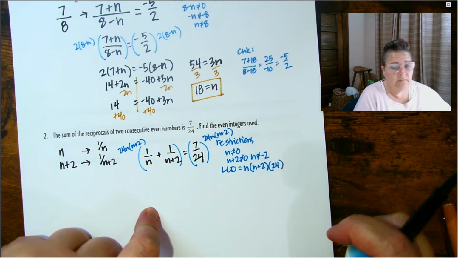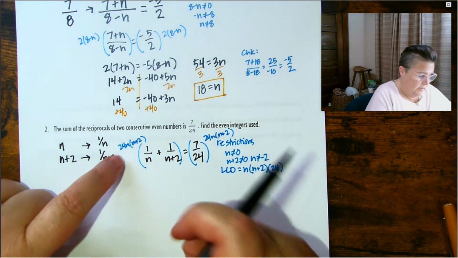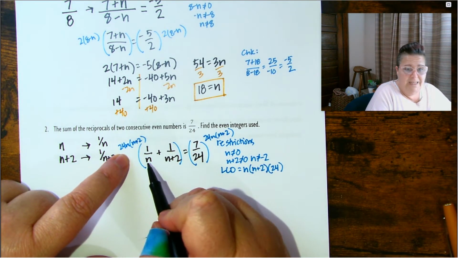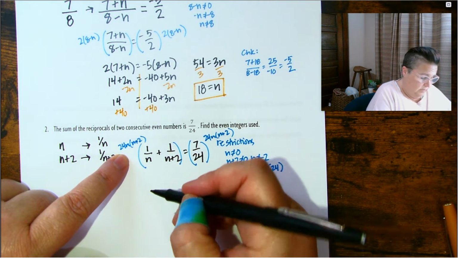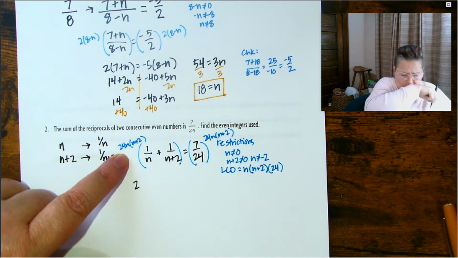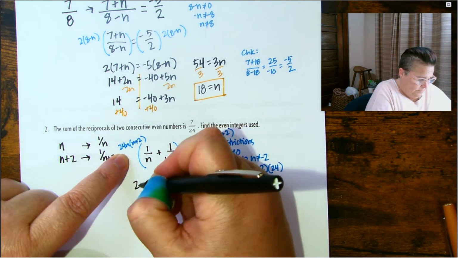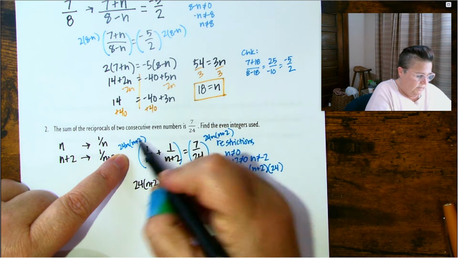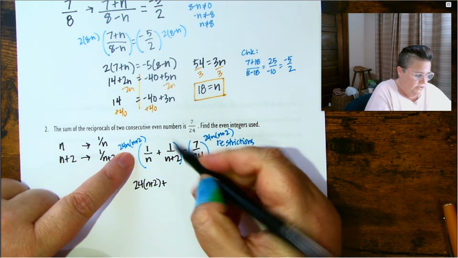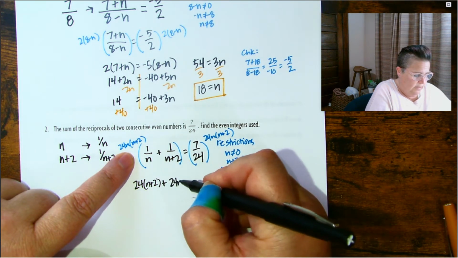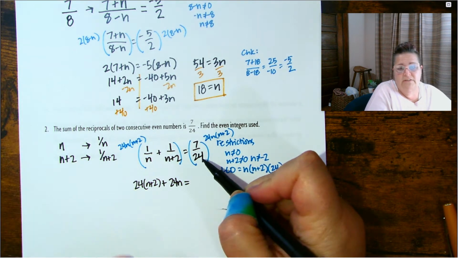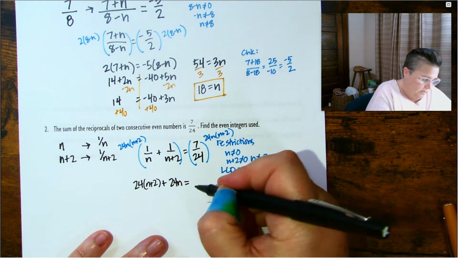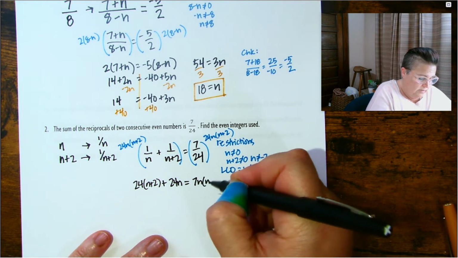Okay. Moving carefully. The first term, the n's will cancel, leaving me 24 times n plus 2. The second term, it's the n plus 2 that will cancel, 24n. On the left side, it's the 24s that will cancel, 7n, n plus 2.